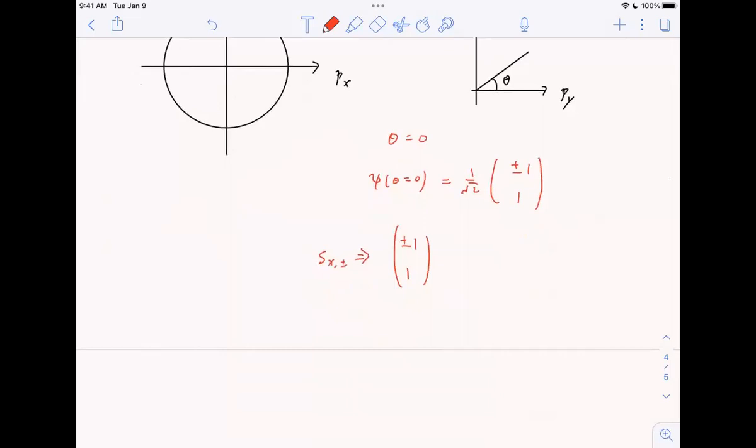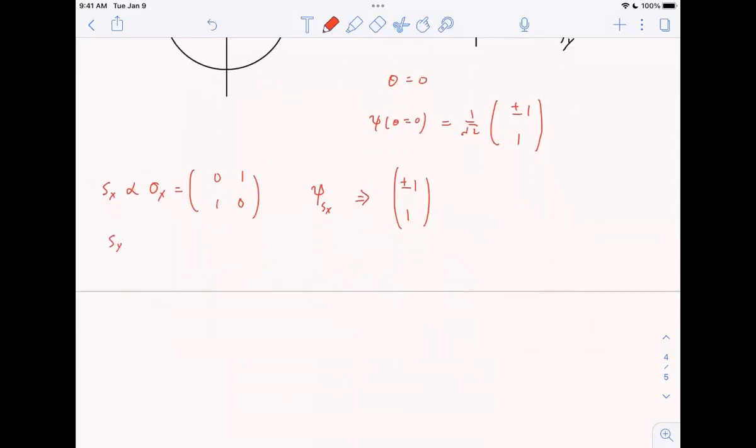Do you know what I mean? Like, because Sx is proportional to this. Okay, Sx is proportional to sigma x, and sigma x is this matrix. If you solve this matrix, then the eigenstate of sigma x will give you this eigenfunction, eigenstate. Is that okay?